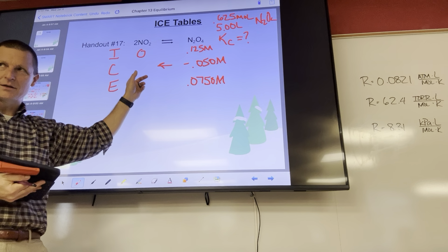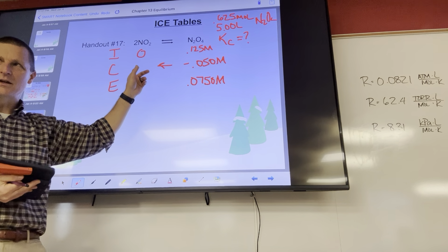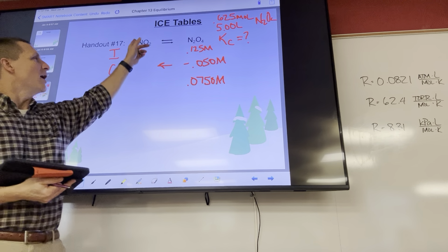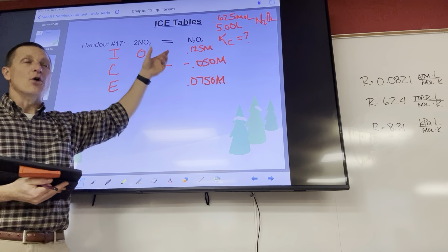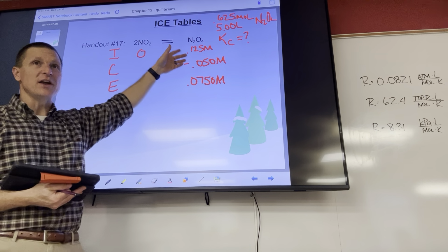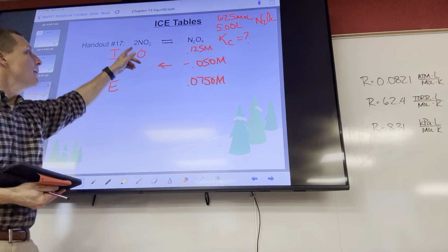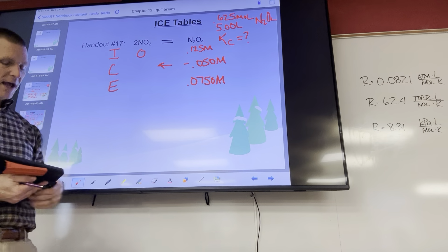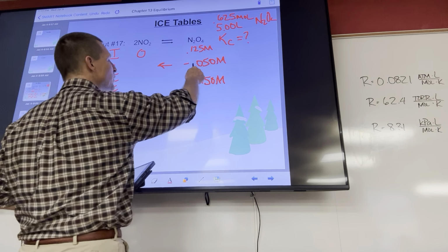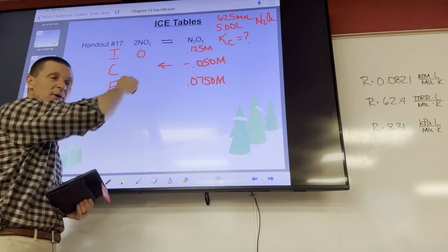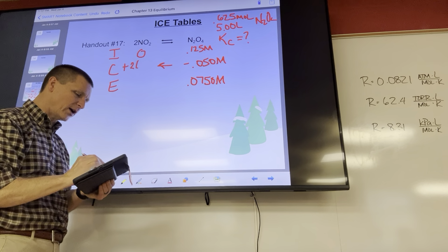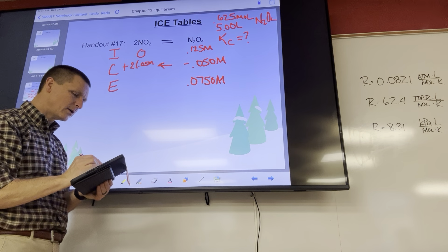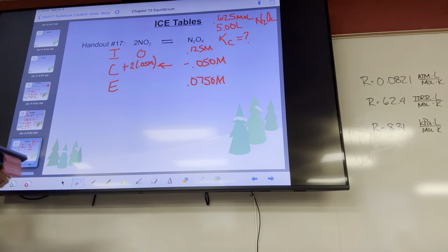How much, Uriel? How'd you get it? Right, look at the coefficient ratio. It's a 2-to-1 ratio. So this is the first time that we've seen anything other than a 1 for a coefficient. But if you have a 2-to-1 ratio, then however much this one changes, this one changes twice as much. So this one is going to go up by 2 times 0.05, which is 0.10.